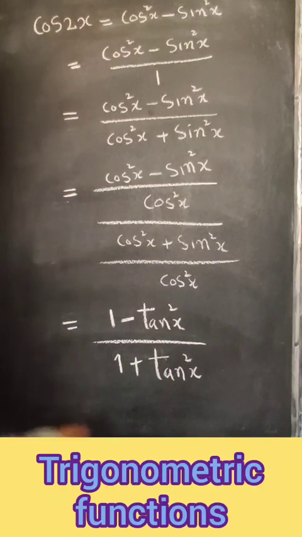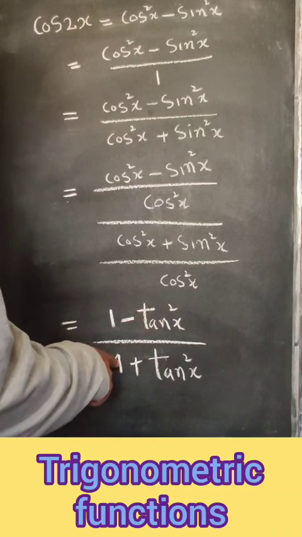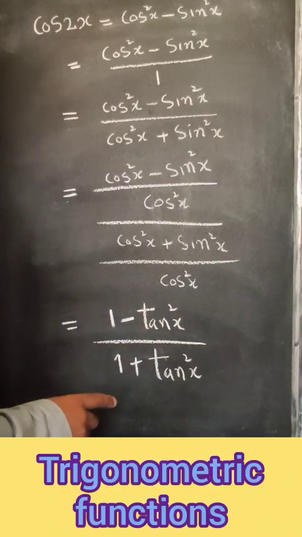Thus cos of 2x is equal to 1 minus tan square x divided by 1 plus tan square x.